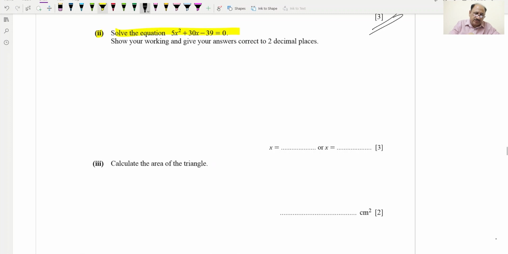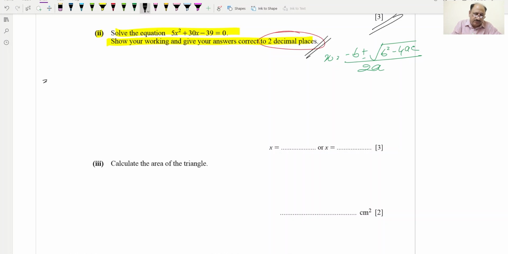Now we have to solve this quadratic equation, and we have to show the complete working and give the answer up to 2 dp. Keep in mind that they are telling us 2 dp, which means the answer is in decimal, so whenever the answer is in decimal, it is better to use the quadratic formula. And what is the quadratic formula? x is equal to minus b plus or minus square root of b squared minus 4ac, over 2a, and we will be replacing values in brackets.